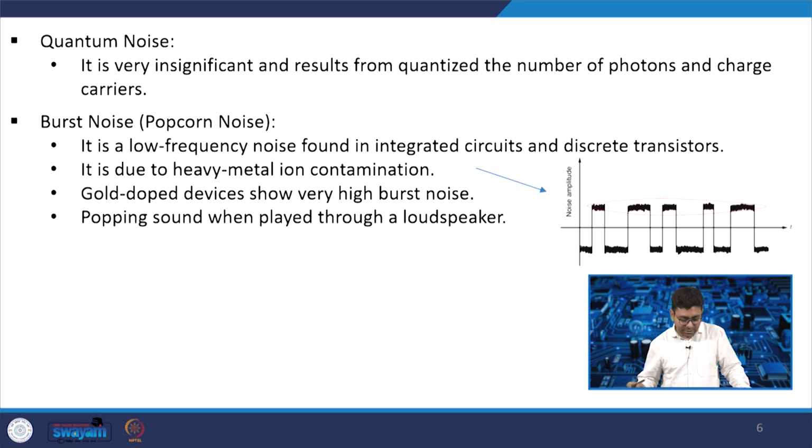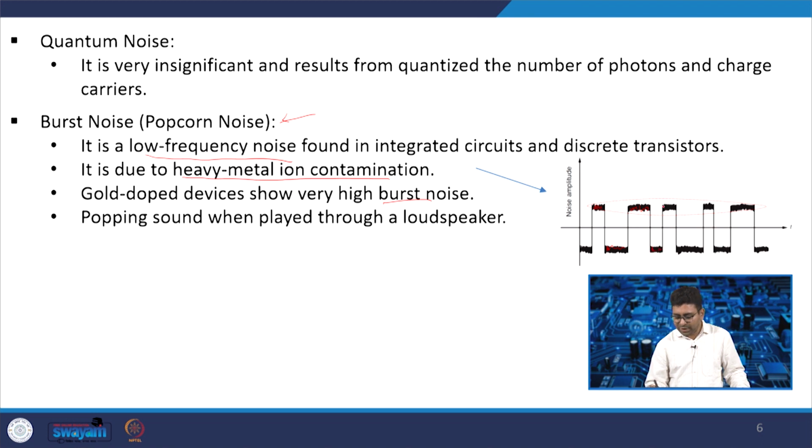Another noise which is widely known as popcorn noise is burst noise. It is a low frequency noise and it is found in any integrated circuit or discrete transistor, and mostly it is due to heavy metal ion contamination, and when there are gold doped devices it will show very high burst noise. In amplitude you will have a burst, and that is why it is called burst noise.